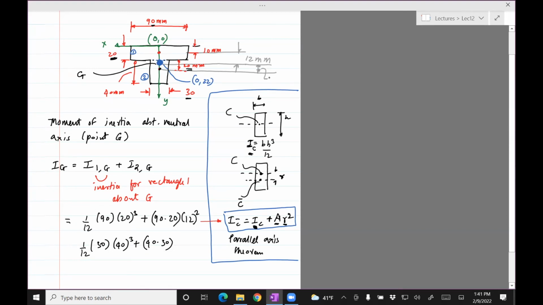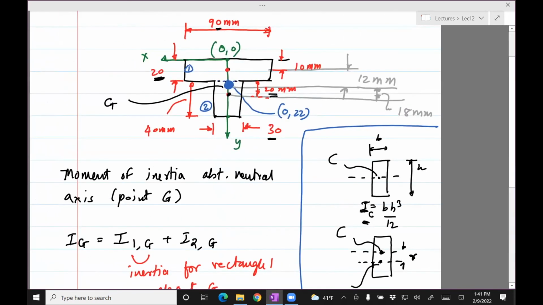So maybe it's 20 minus 2, I think it's 18. Right? Is it 18? That's my guess. Or is that wrong? So this is 20, and this distance is 2 mm. So it's 20 minus 2, 18.